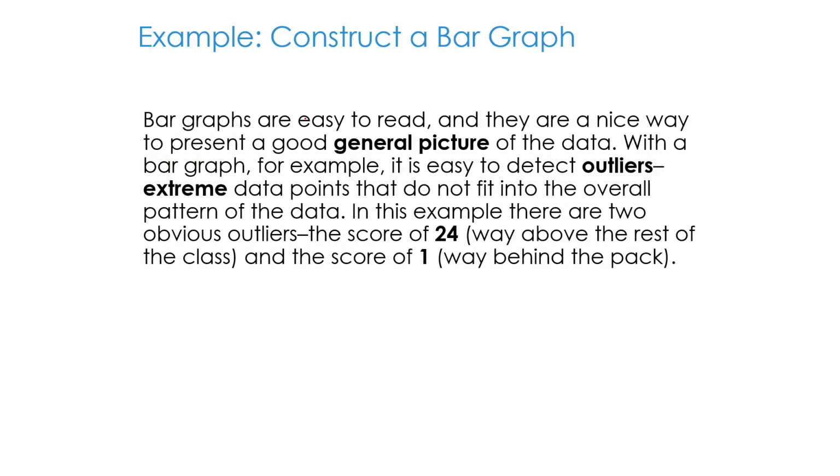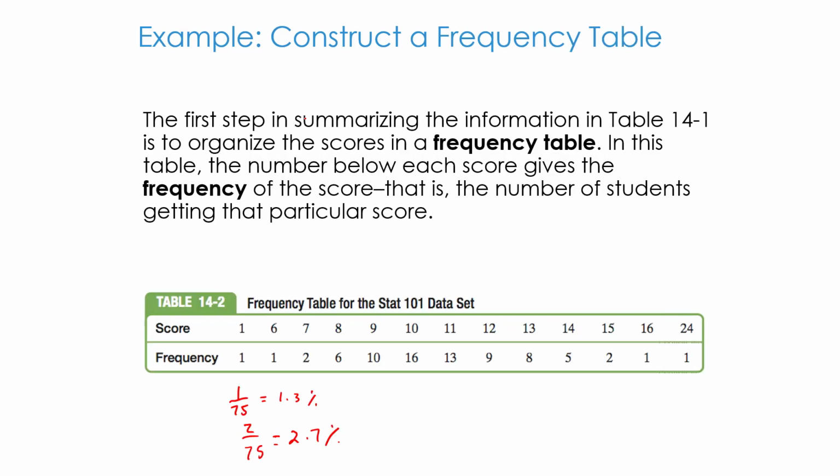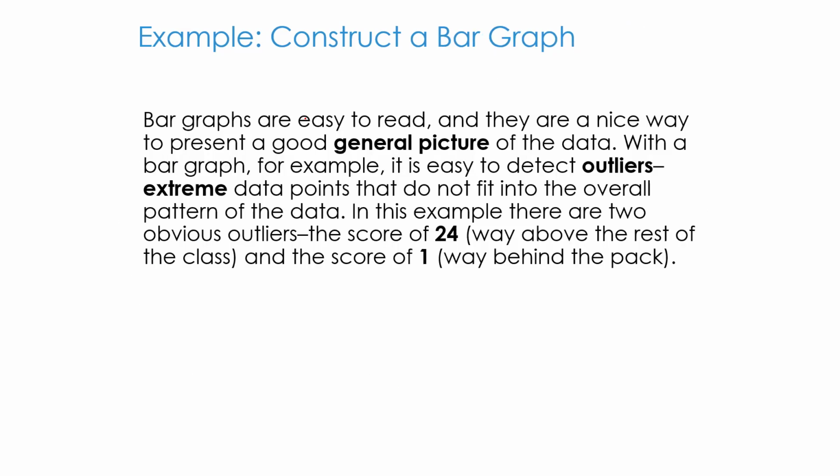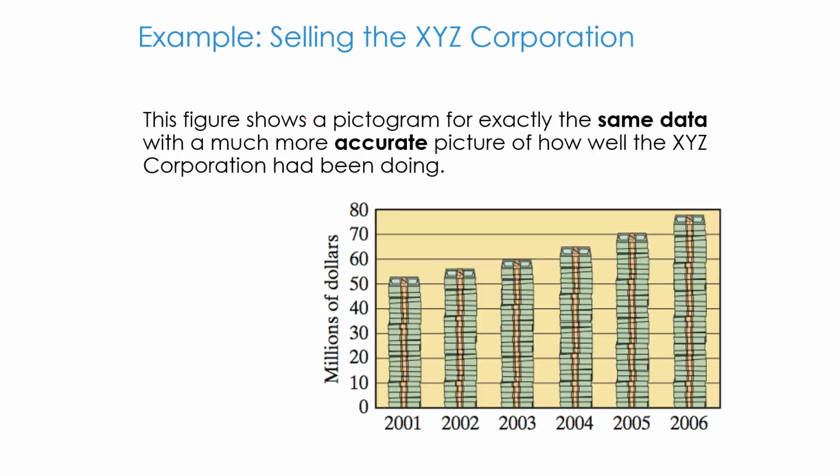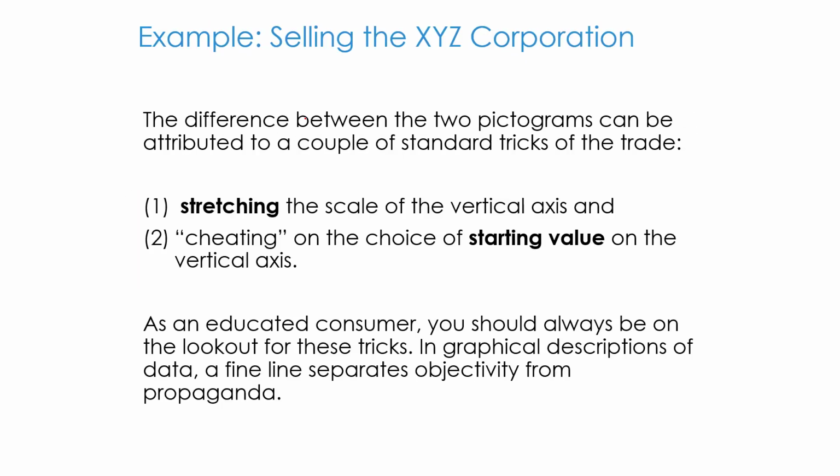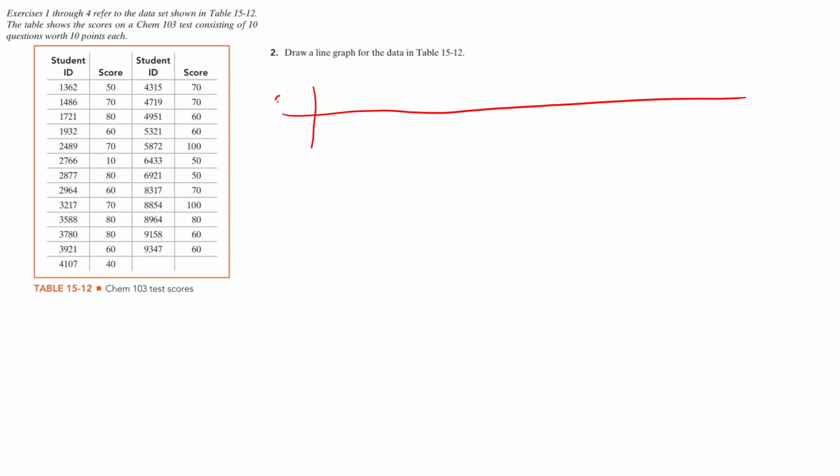Let's come back over here to look at the data. We have the score, and then we have the frequency, right? So over here we have the score, and over here we have the frequency. Okay, so let's look for the lowest score.